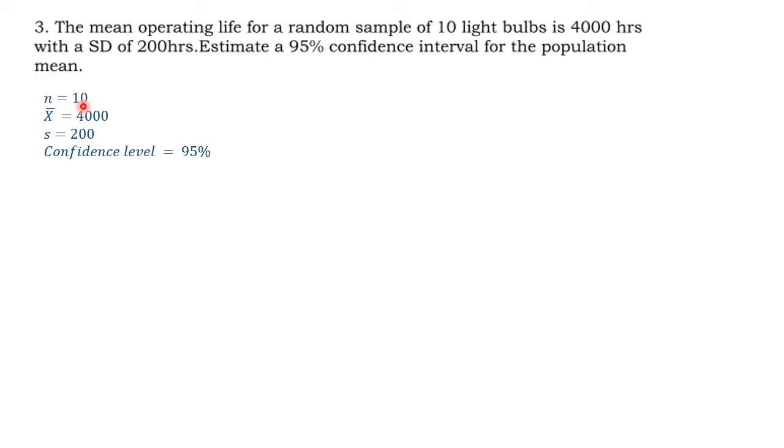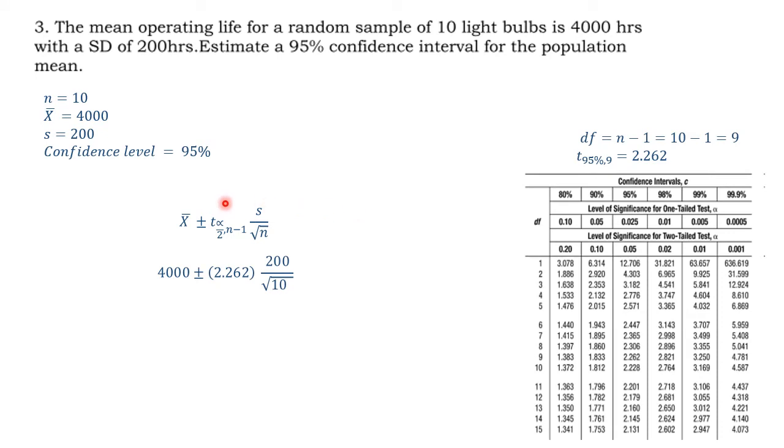We will use t here as n is less than 30. So x bar plus minus t alpha over 2 for n minus 1, N minus 1 is called degree of freedom or df, S over root n. Put here all the values.